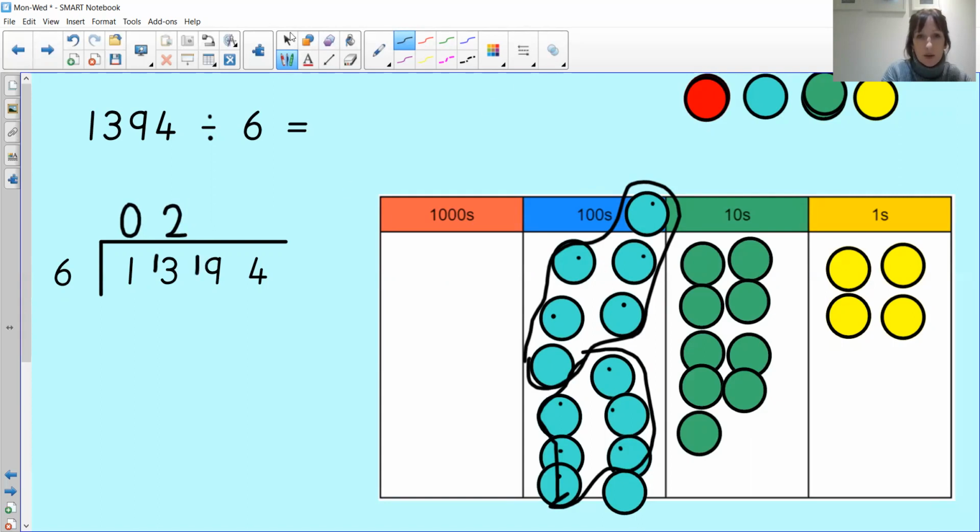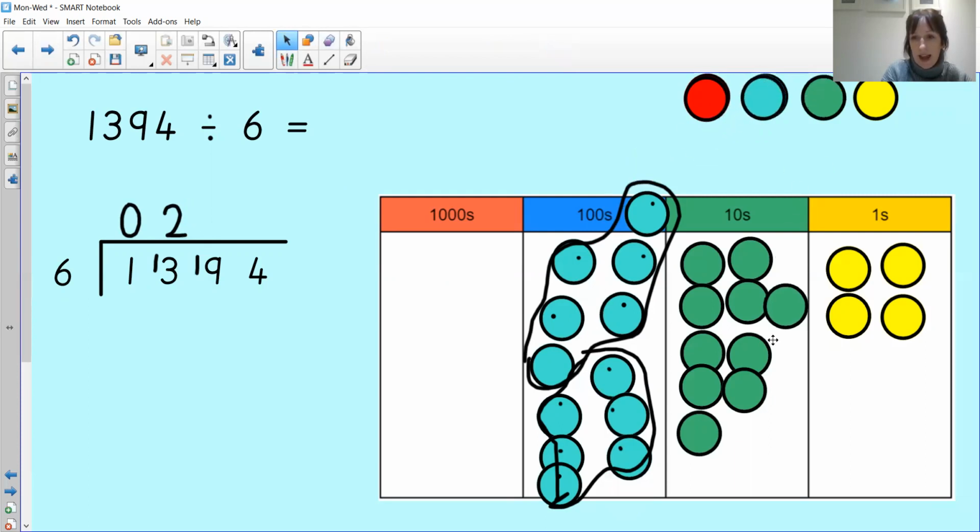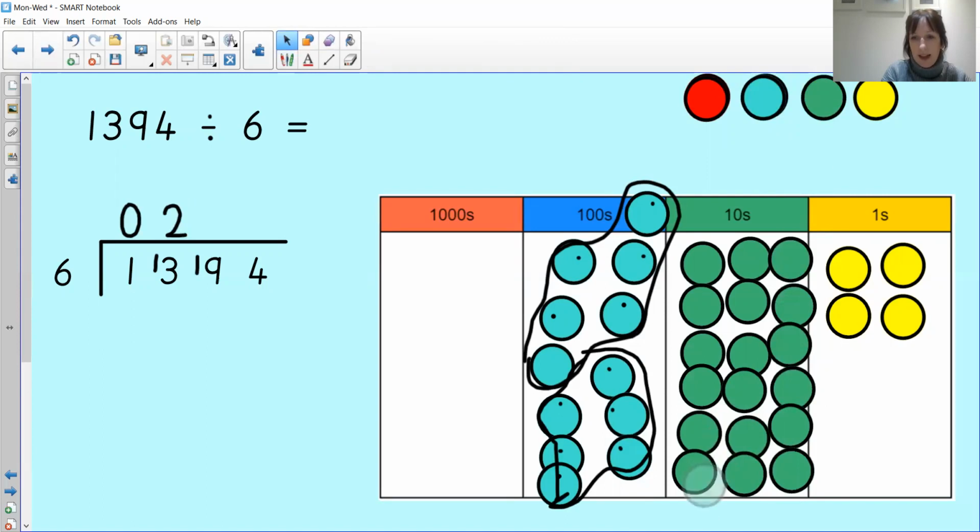So I'm going to, again, exchange that 100 for 10 tens. So 1, 2, 3, 4, 5, 6, 7, 8, 9, and squeeze it in at the bottom, and 10.